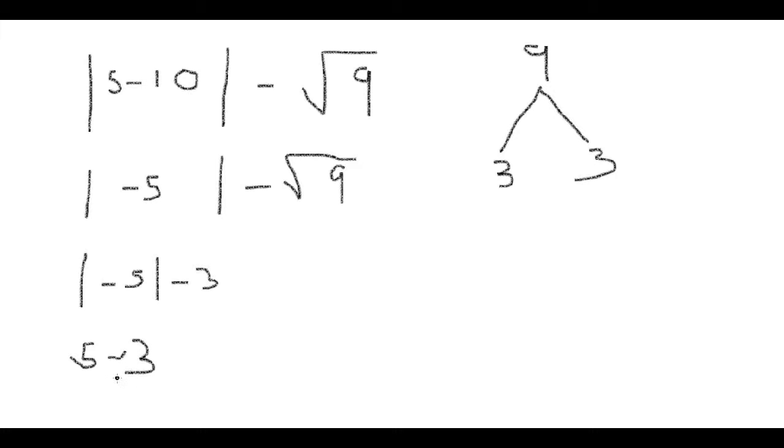So it doesn't matter if the number is negative or positive, the answer will be positive. So even though this is a negative 5, when we remove the brackets, the number becomes a positive 5. That's the magic of the brackets. Then we bring down the minus 3, and we get 5 minus 3 equals 2. And that should be your answer.